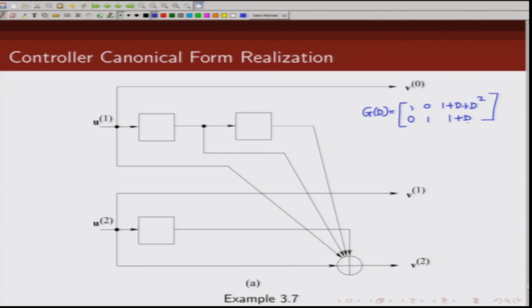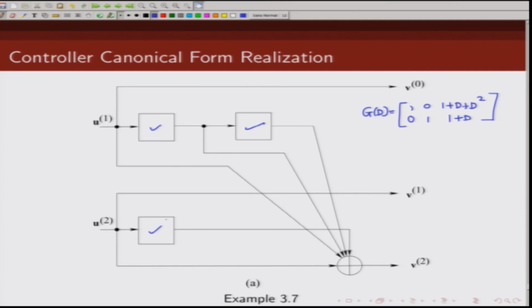So, 1 plus D means one term is U2 and the second is the delayed version of U2. So, this will be my third coded bit. So, you can see, to realize this generator matrix, we require a total of 3 memory elements: 1, 2 and 3.